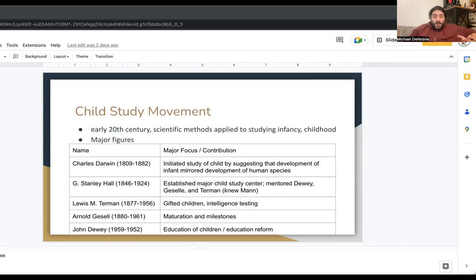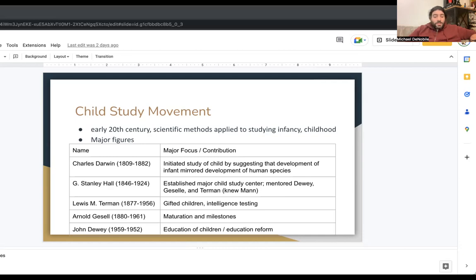This was a time where intelligence was very big, not only in education, but throughout the 20th century we become very obsessed with the concept of intelligence and how it can contribute to society. We're going to hear more about Terman in a second.